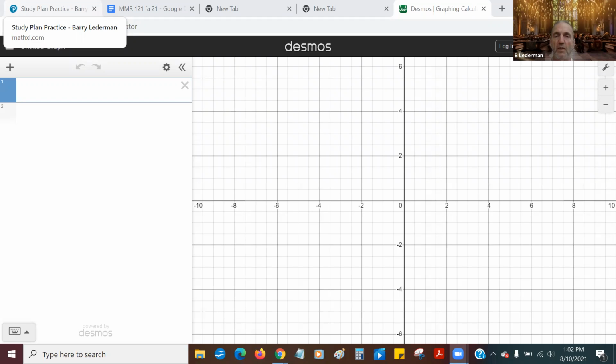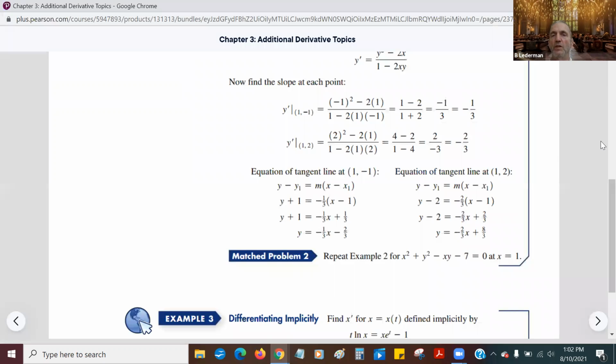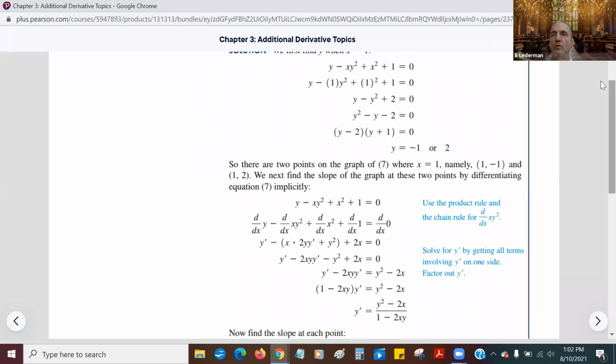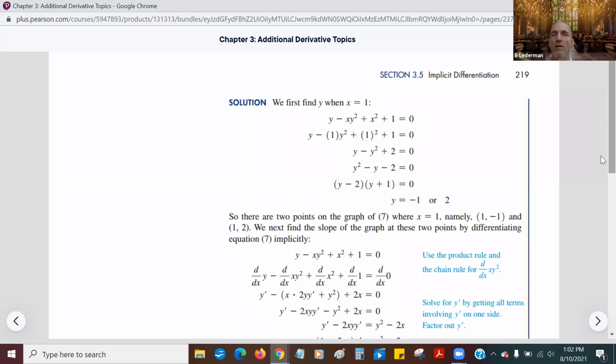So we want to put in the original equation. The original equation was y minus xy squared plus x squared plus 1 equals 0.